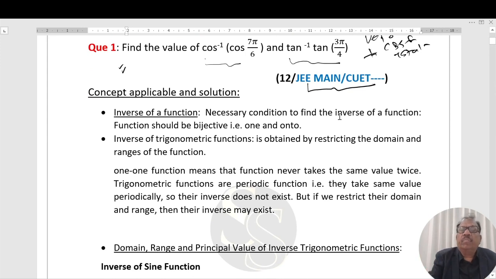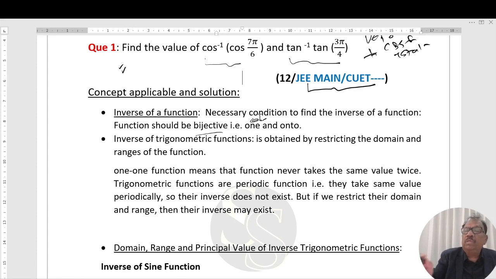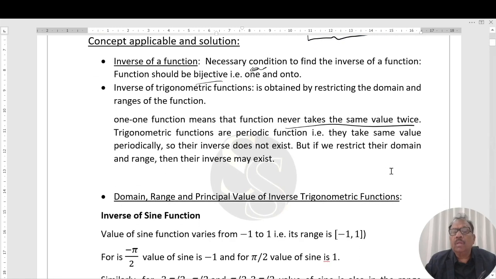Concept applicable: the necessary condition to find the inverse of a function is that the function should be bijective. Bijective means it should be one-one and onto. One-one means the function never takes the same value twice. Now, trigonometric functions are periodic functions: sine of theta plus 2 pi equals sine of theta.